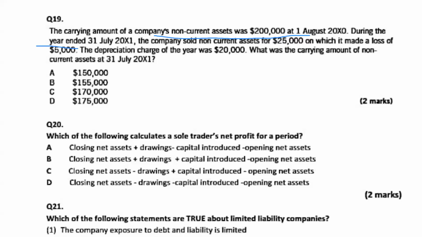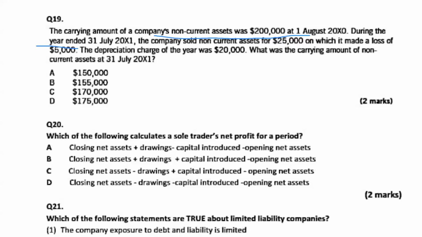Okay, so as I was saying, when they sold these non-current assets, they sold them at $25,000. Then the depreciation was calculated at $20,000.